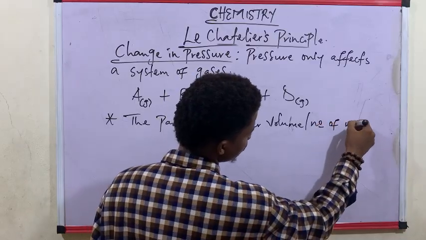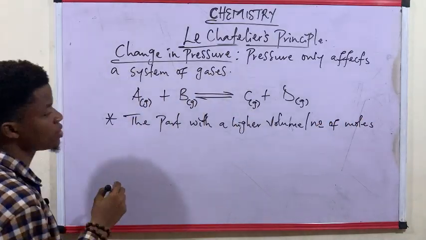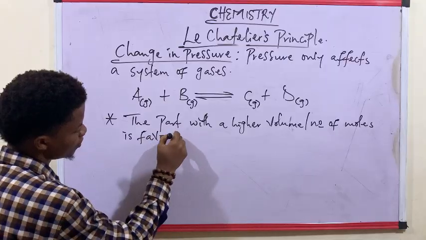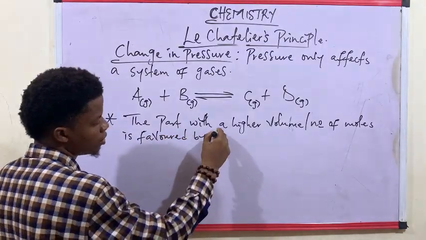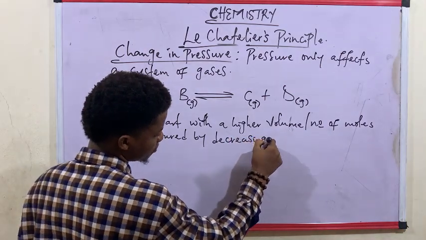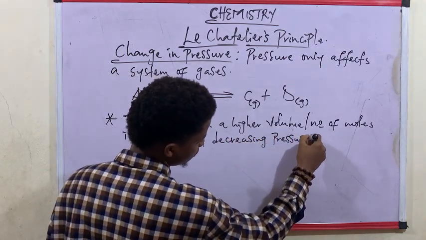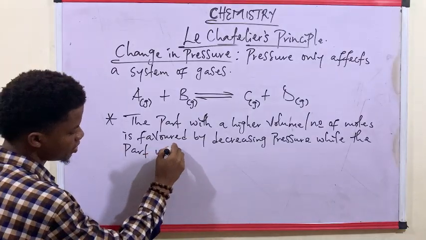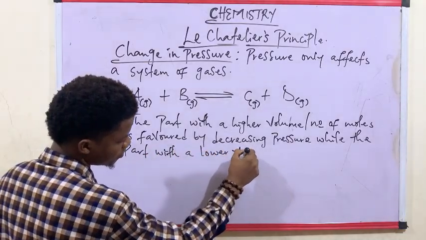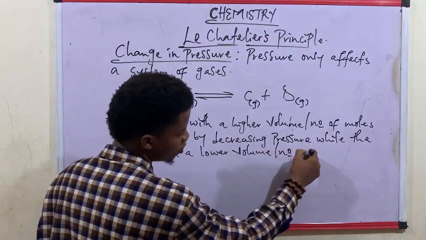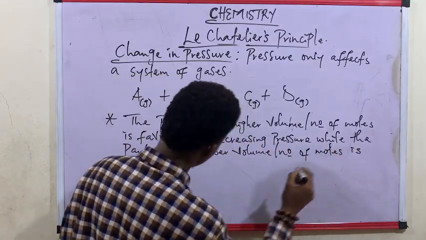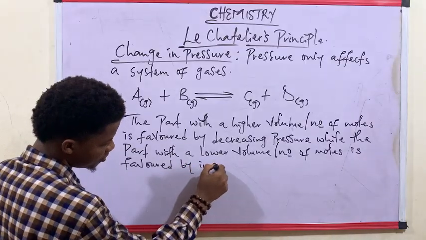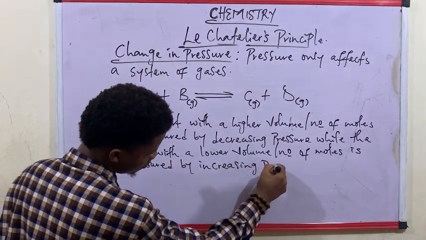The part with a higher volume or number of moles is favored by decreasing pressure, while the part with a lower volume or number of moles is favored by increasing pressure.